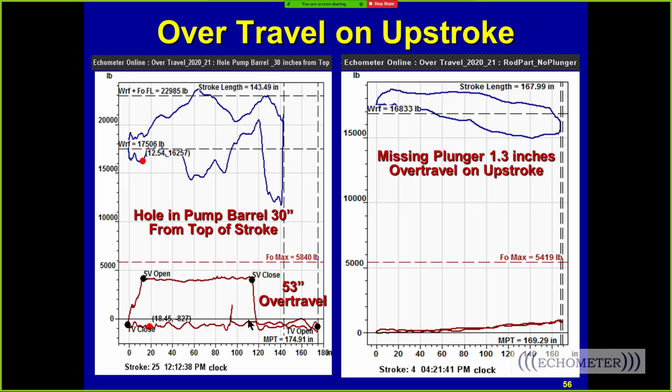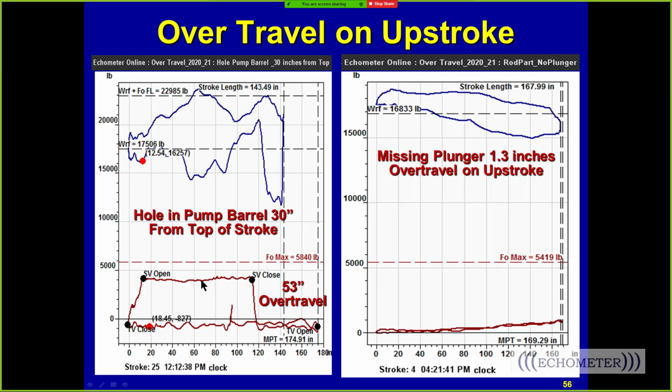You can't really see this kind of display, because the way this works is that when there's a hole in a pump barrel on a bottom hold down pump, when it leaks, the pressure equalizes.